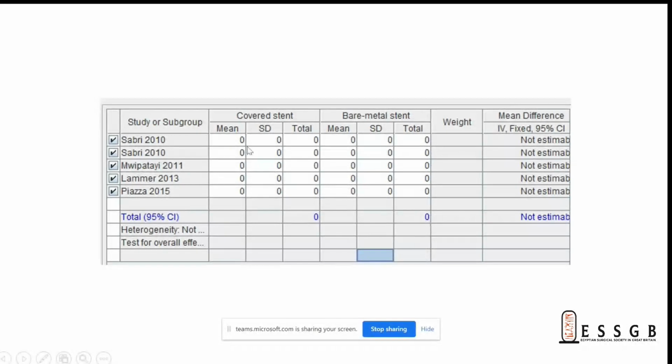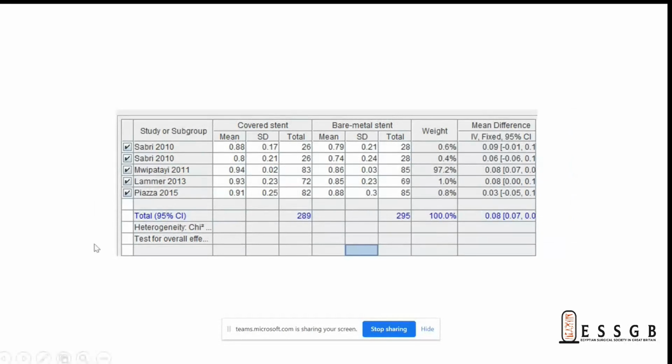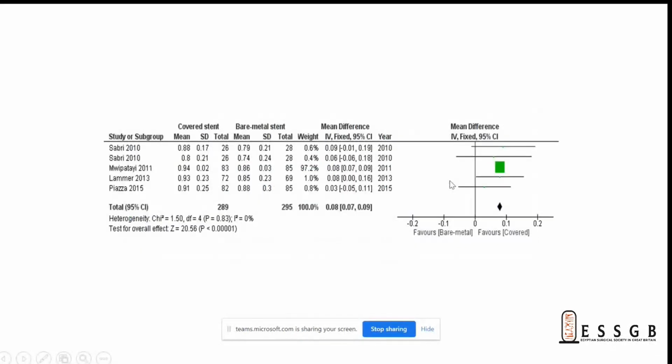But for good practice, use mean and standard deviation, and if you have median with interquartile range, there's an equation, as I told you, you can convert that. So this makes sense to you now. The same studies that you have included, you have put the mean and standard deviation and total number of patients in each group. It tells you whatever the forest plot requires, okay? This is for continuous data.